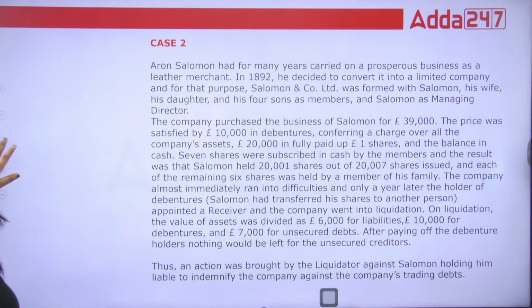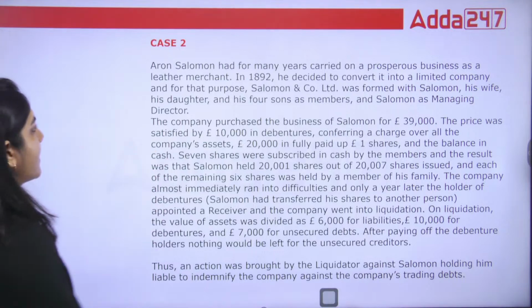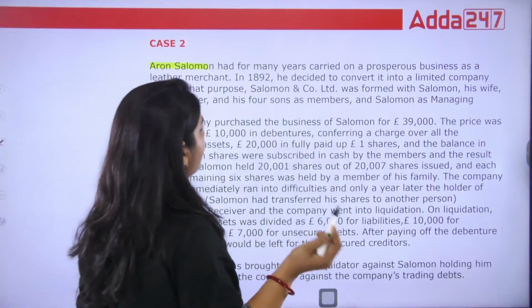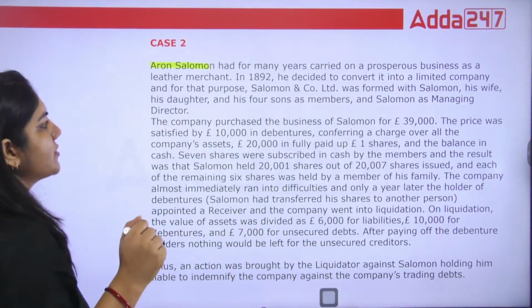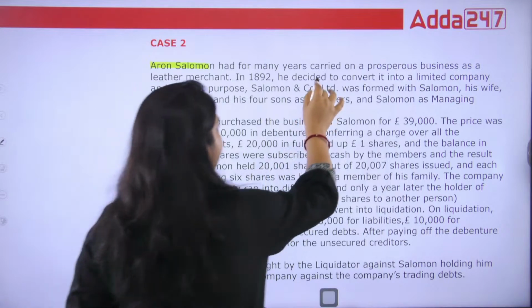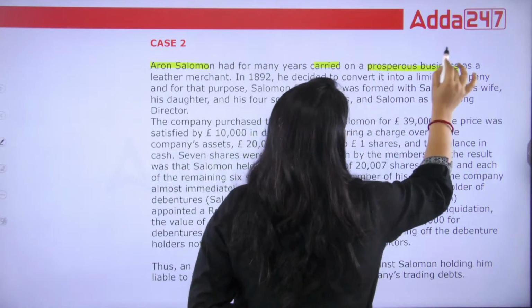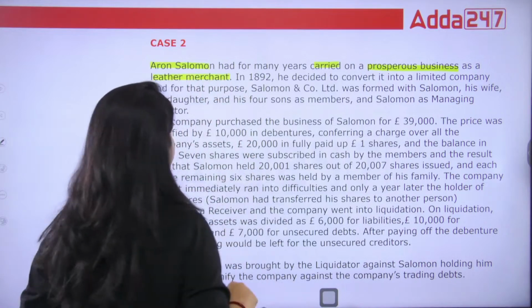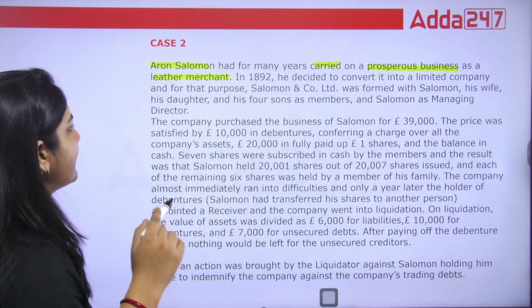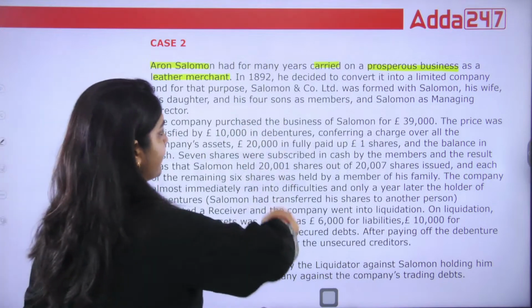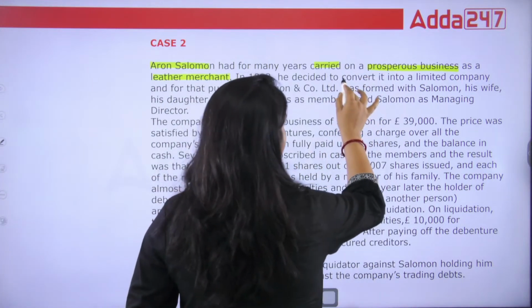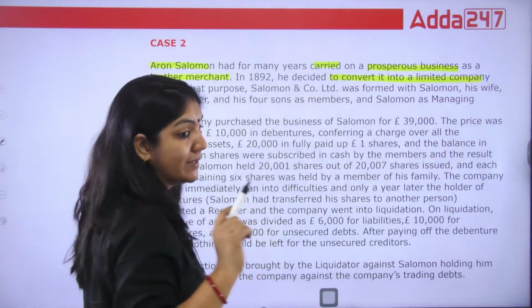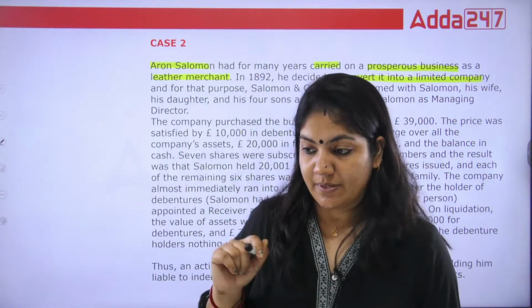See the next question, class. That is also very easy. Aaron Solomon, that is a person's name, had for many years carried on a prosperous business. He was carrying on a prosperous business as a leather merchant. In 1992, he decided to convert it into a limited company, as we know the types of company, right?